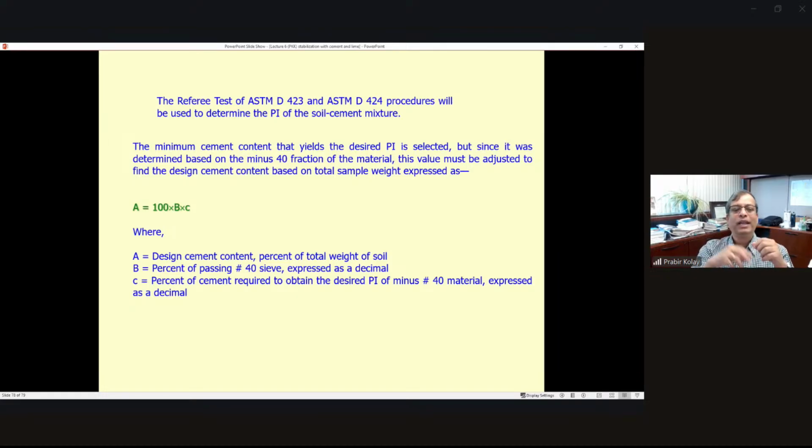For cement and lime and fly ash, if it is a pozzolanic material, you need to add a little bit of lime and fly ash, lime and cement, then the reaction is going to occur. And then you need to do several trial and error tests and find out the optimum. The only thing is that for lime, you need to have a lime fixation point. More lime is not good. With more lime, the strength will go down. Okay.